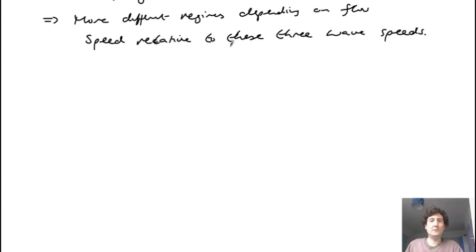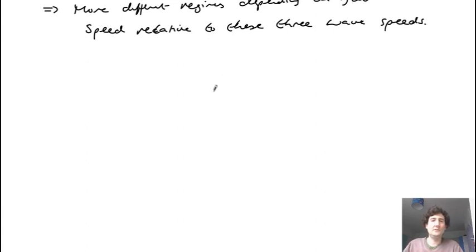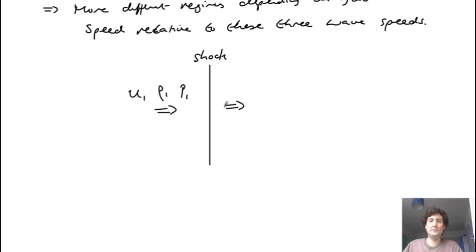So as I've drawn here, what we're considering is the case where we have a shock, and we're in the frame of the shock, so the shock is sitting still and the fluid is moving into the shock, and we have an upstream speed or velocity, an upstream density, and an upstream pressure, and then the flow is out of the shock this way, so we have U2, ρ2, and P2.